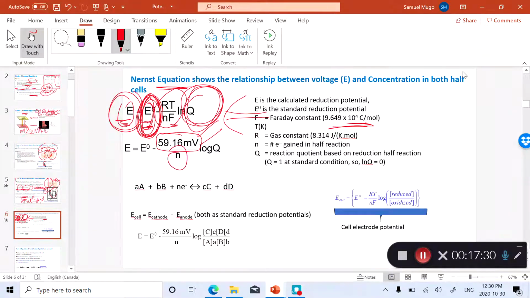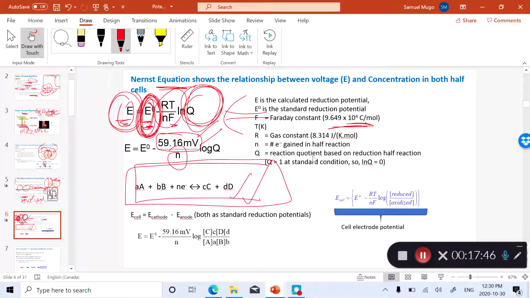And N refers to the number of electrons that are transferred between the anode, where the oxidation is happening, and the cathode. Okay. And so essentially you can see I've got a reaction like this that is taking place, the redox reaction.